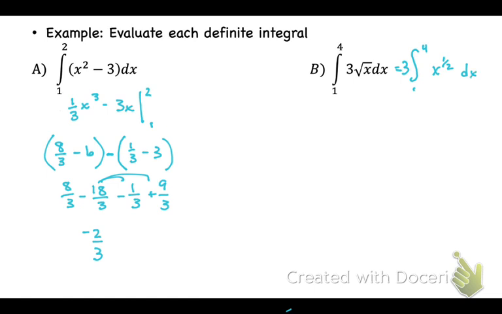So plus 1 would be 3/2. Divide by 3/2 would be 2/3. So 3 times 2/3 x to the 3/2. So how about 2x to the 3/2?